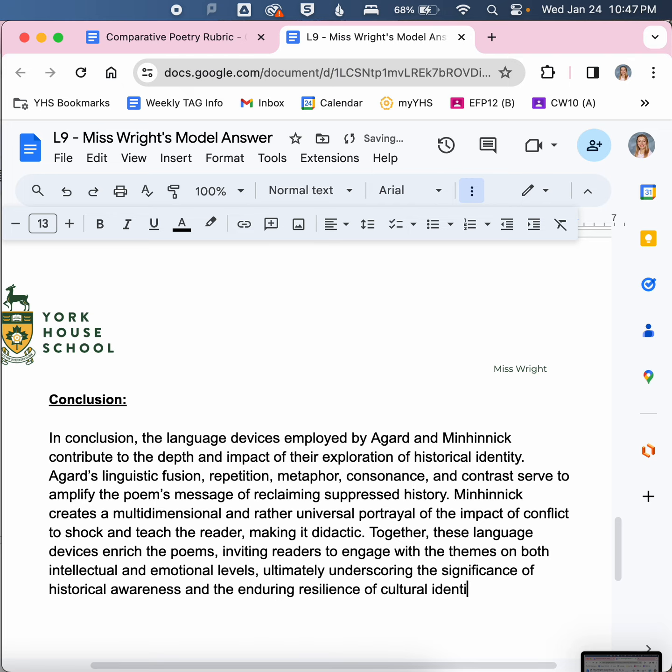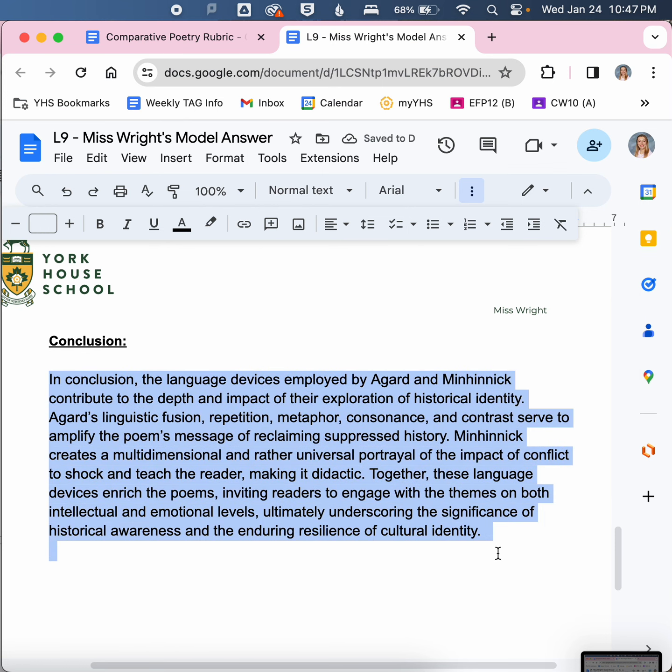I think this does need some work. But at the end of the day, this would get 4 out of 4 on the rubric, okay?